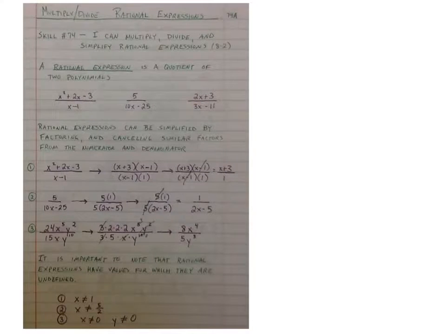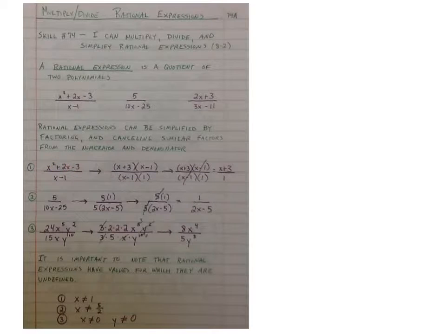It's possible to simplify our rational expressions, and down below I used two examples, the first two to simplify. So in the first one, in order to simplify it, what we have to do is factor out the numerator and factor the denominator, and then cancel like terms.